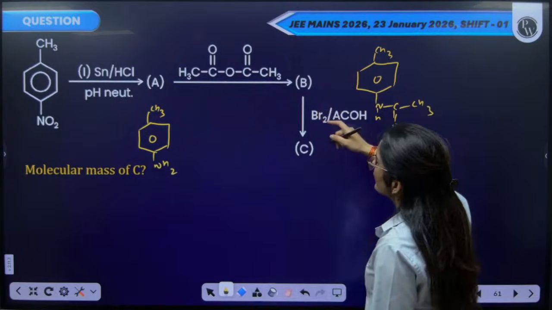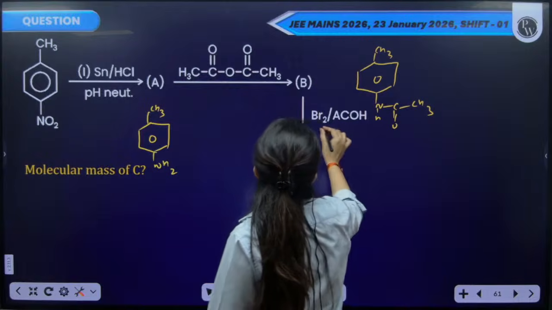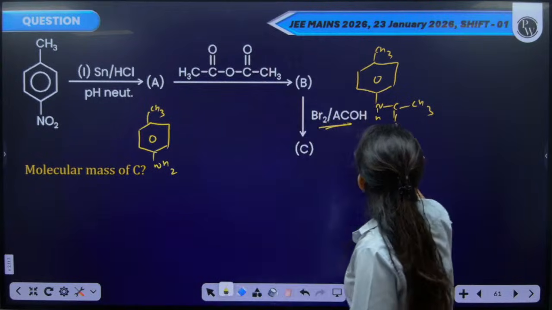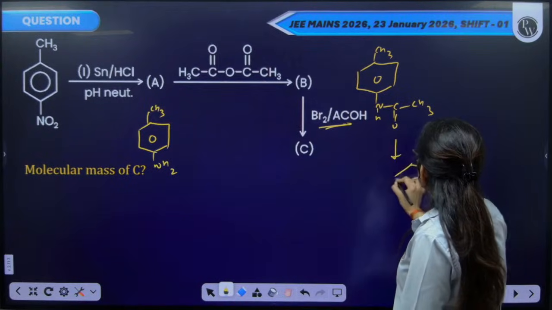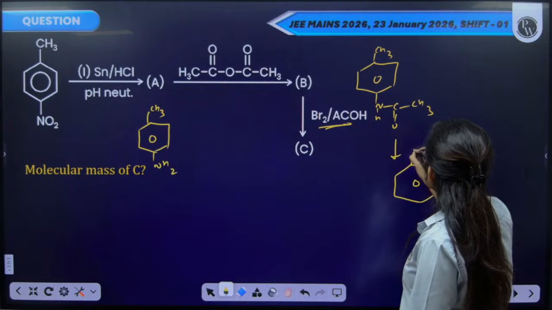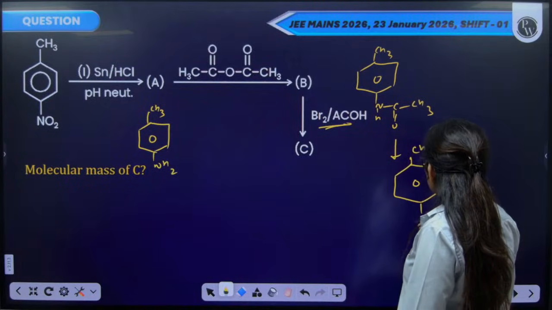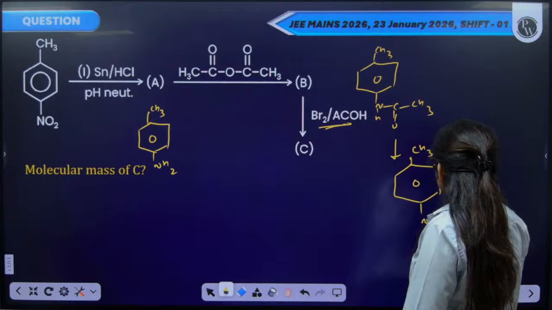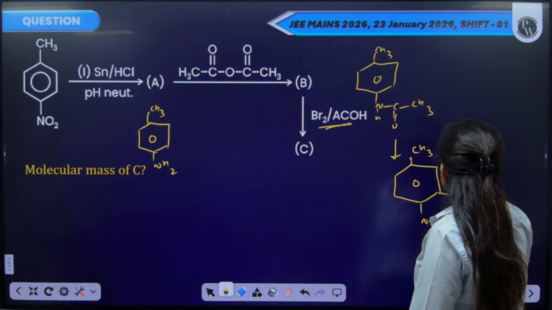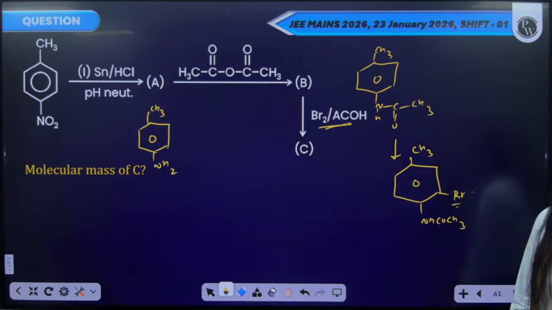Again, if you add Br2 in the presence of the OH group, it will undergo bromination at the ortho and para positions. The para position is already occupied, so it will convert into this particular product. So that should be the product. I hope that is clear to you.